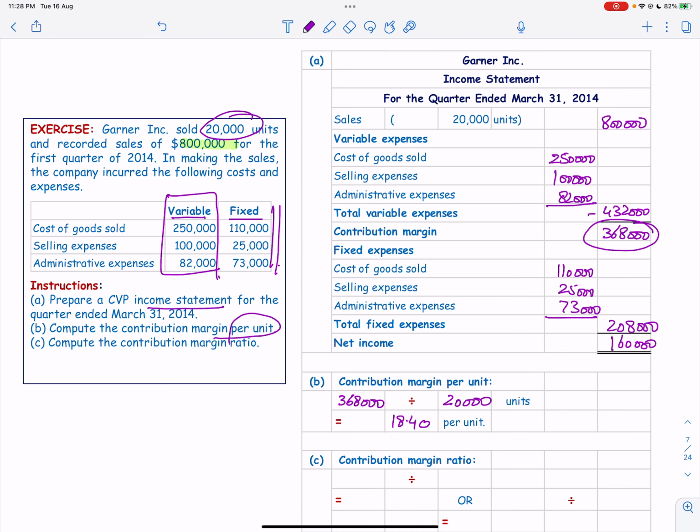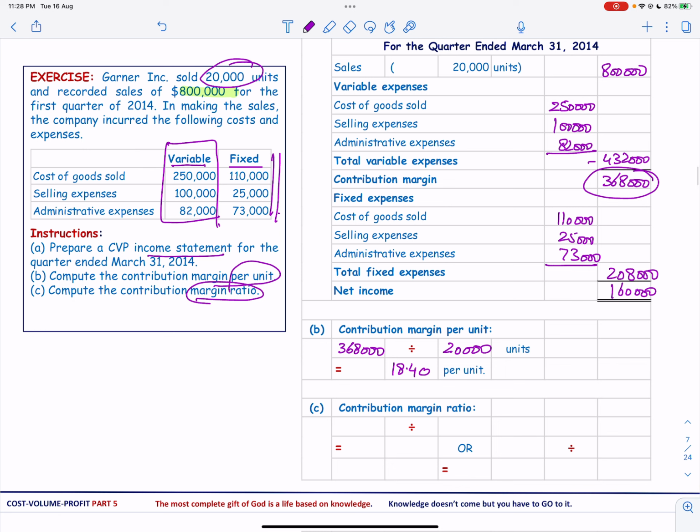Next, they asked to compute the contribution margin ratio, and again we have the contribution margin, that is 368, divided by the total sales, that is 800,000, and this is equal to 46%.